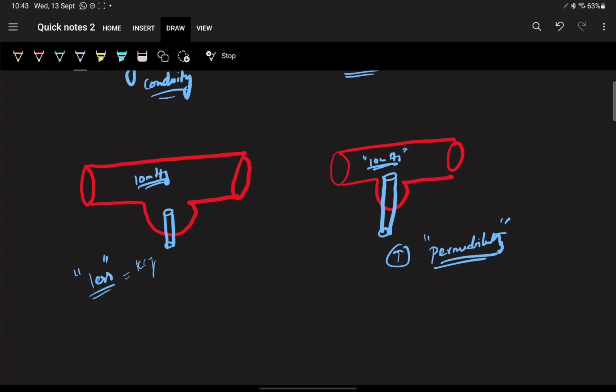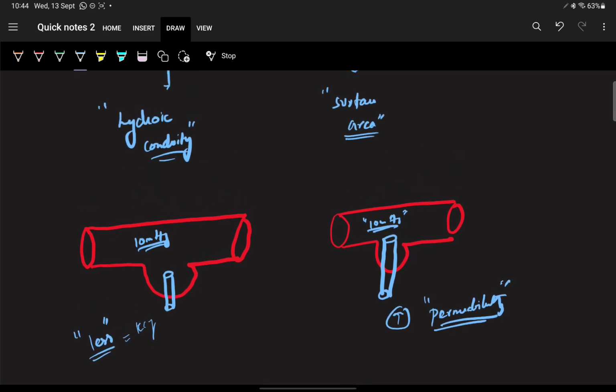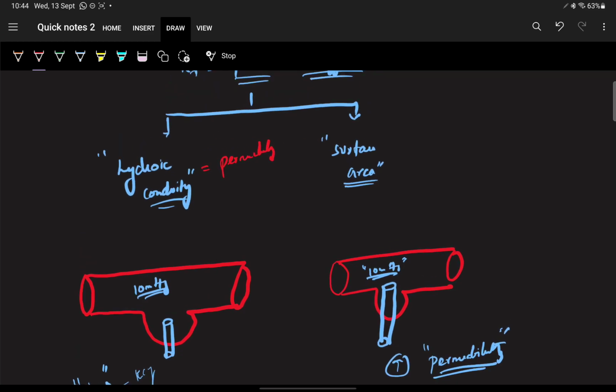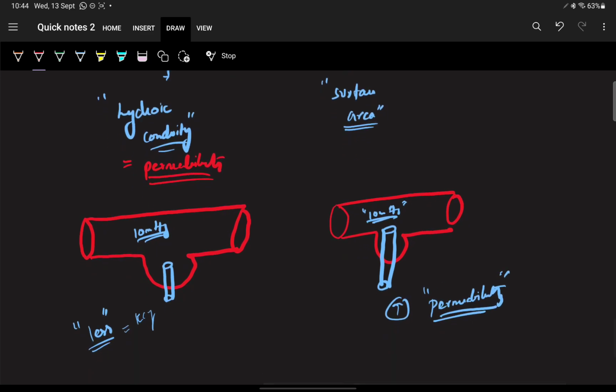So we can say that the filtration coefficient is increased. Hydraulic conductivity is nothing but the permeability. If there is a smaller or narrow pipe, there will be decreased flow, whereas if we keep a wide pipe, obviously there will be increased permeability. So that was about hydraulic conductivity.